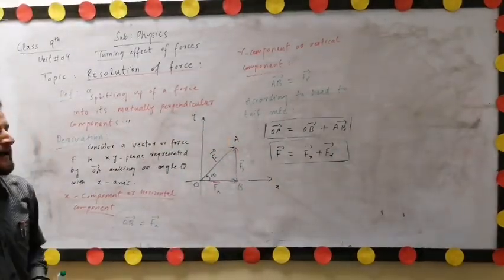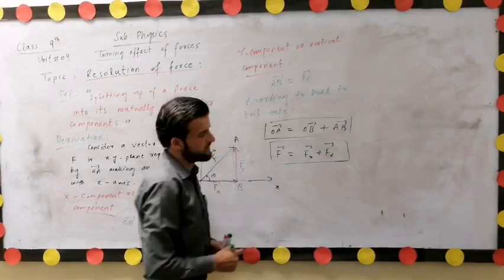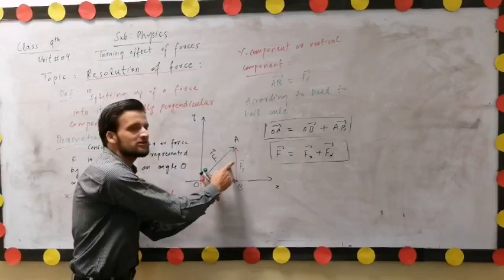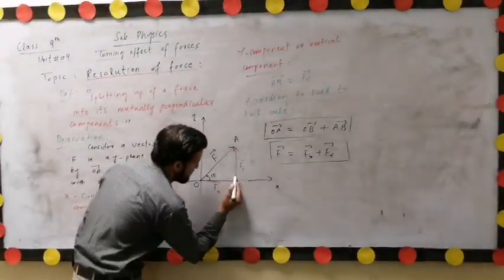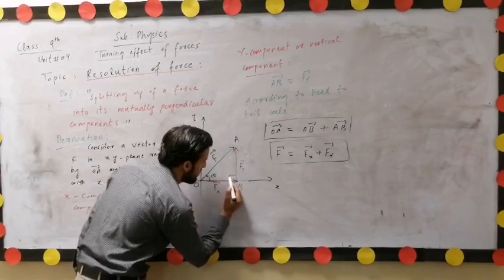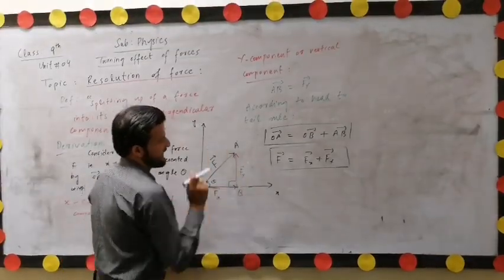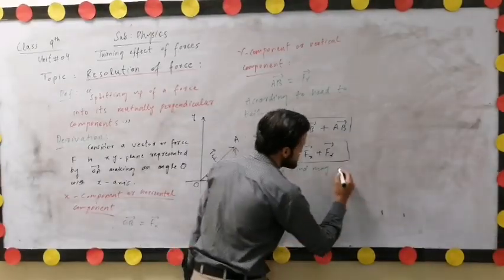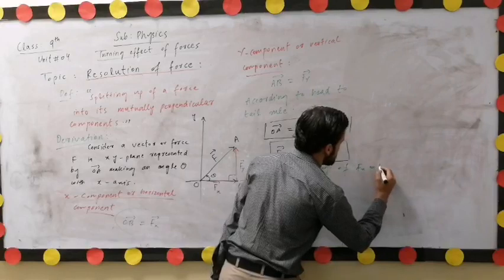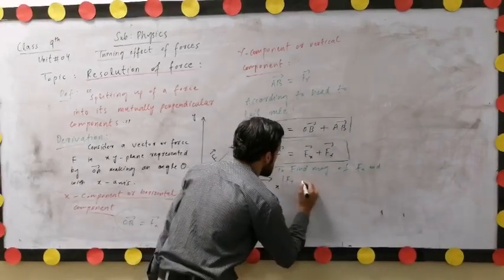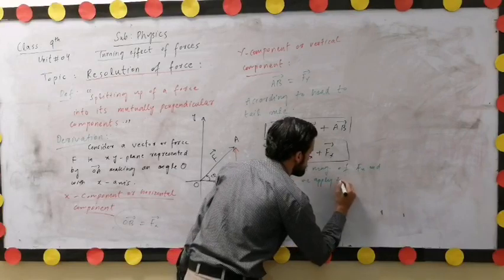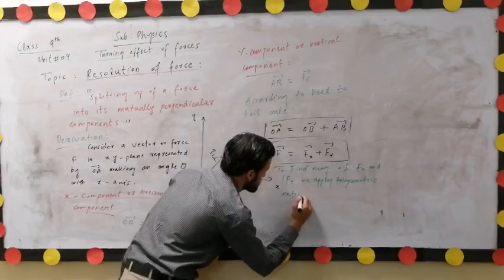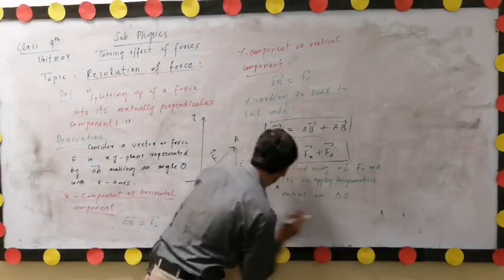Now we are going to calculate the magnitudes of the components of the force. For this calculation, we must apply trigonometric ratios on this right angle triangle OBA. To find the magnitudes of Fx and Fy, we apply trigonometric ratios on triangle OBA.